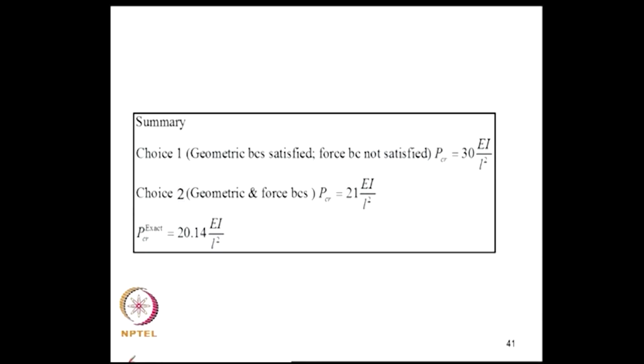In the second choice, both geometric and force boundary conditions were satisfied, and I got this answer. The exact answer is 20.14 EI by L squared. So, you can see that the extra effort that we made in satisfying the boundary conditions pays dividends here.